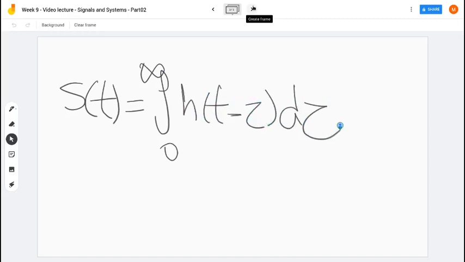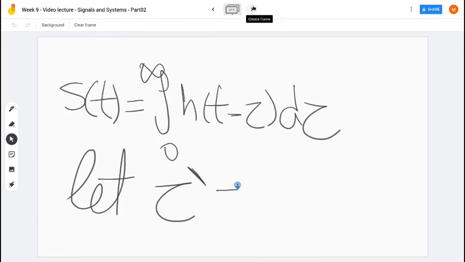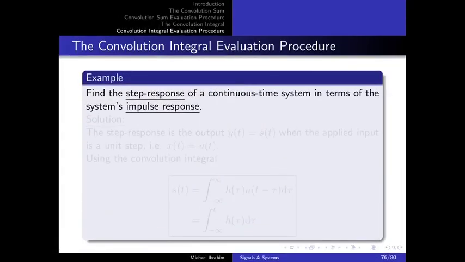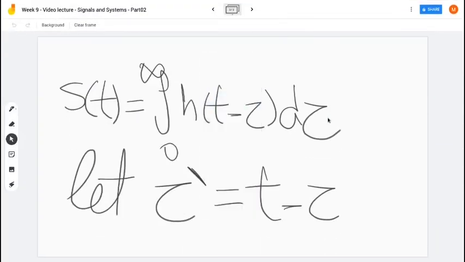And now let's define a new variable, tau prime, equal to t minus tau. Doing so, if tau is equal to 0, tau prime will be t, and if tau is equal to infinity, tau prime will be minus infinity.